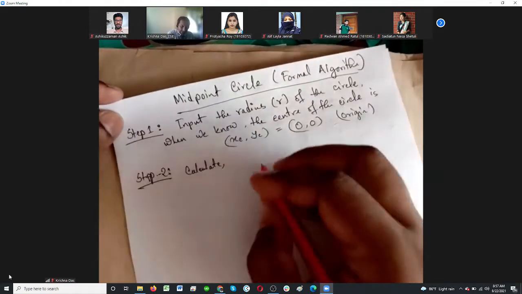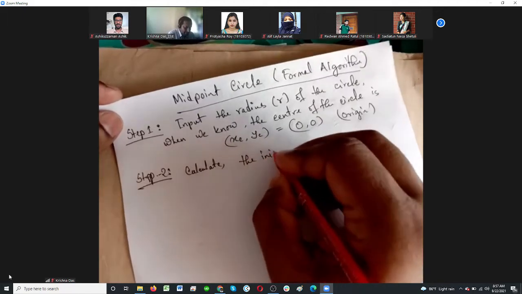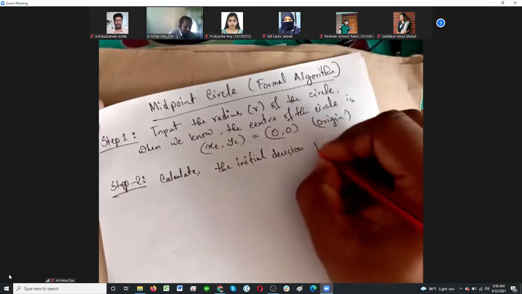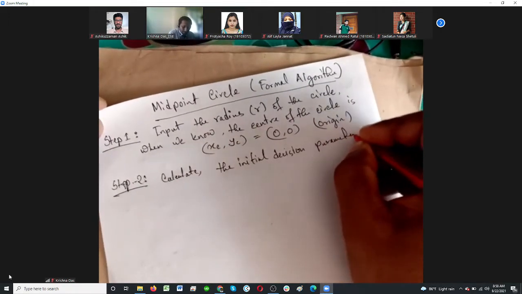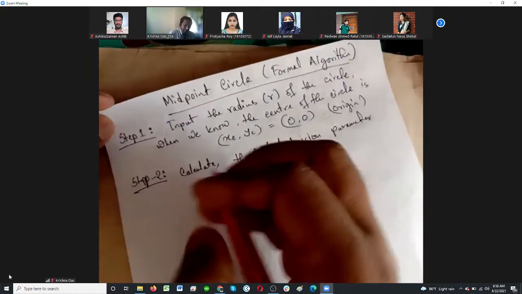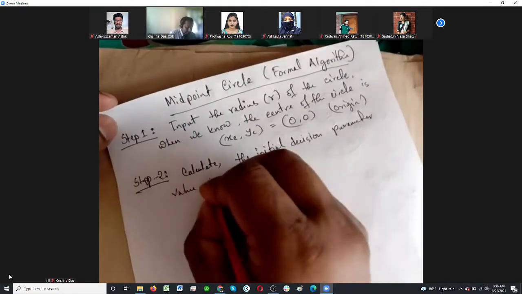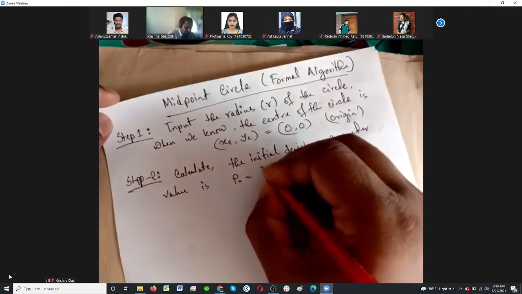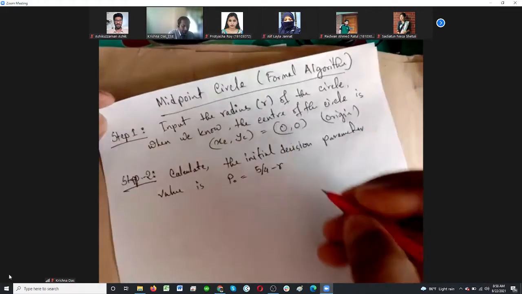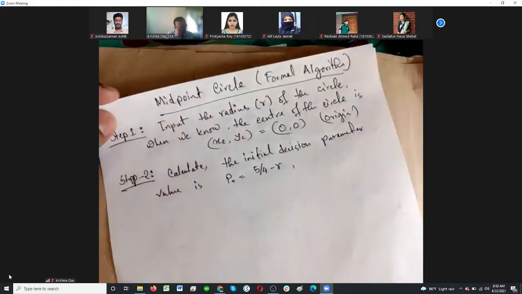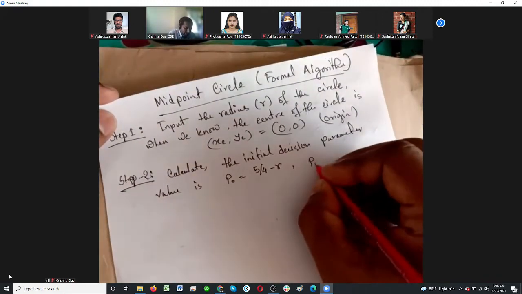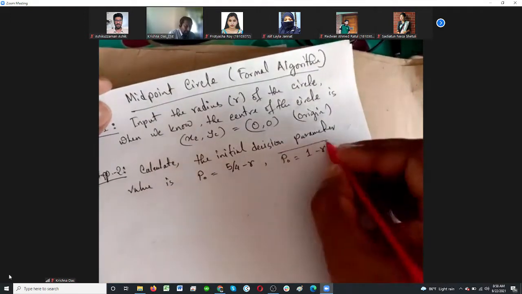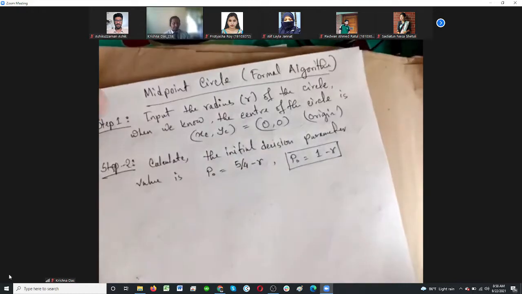So the initial decision parameter value is P naught equal to 5 by 4 minus R, and we consider the integer value here, so we take it as P naught equal to 1 minus R. We consider to use that for every case.